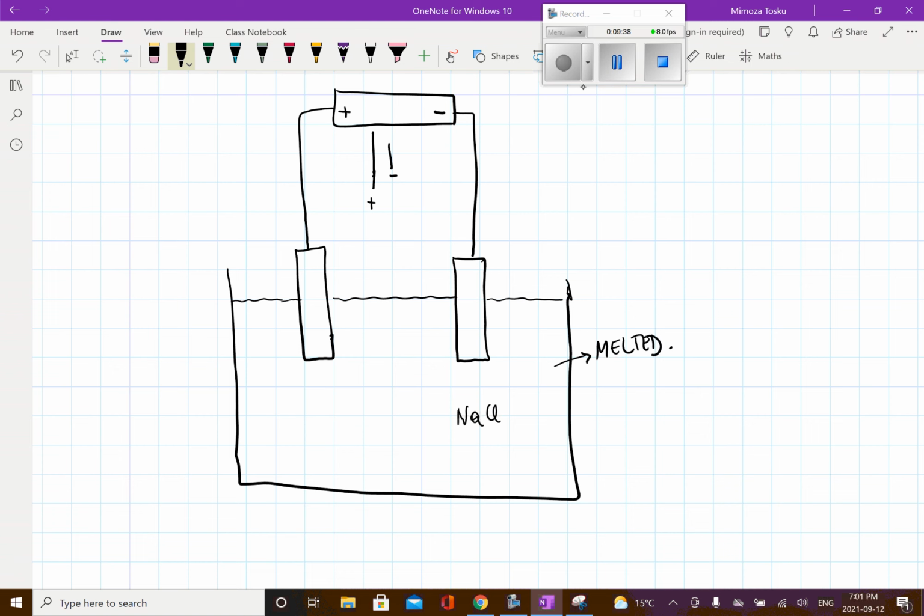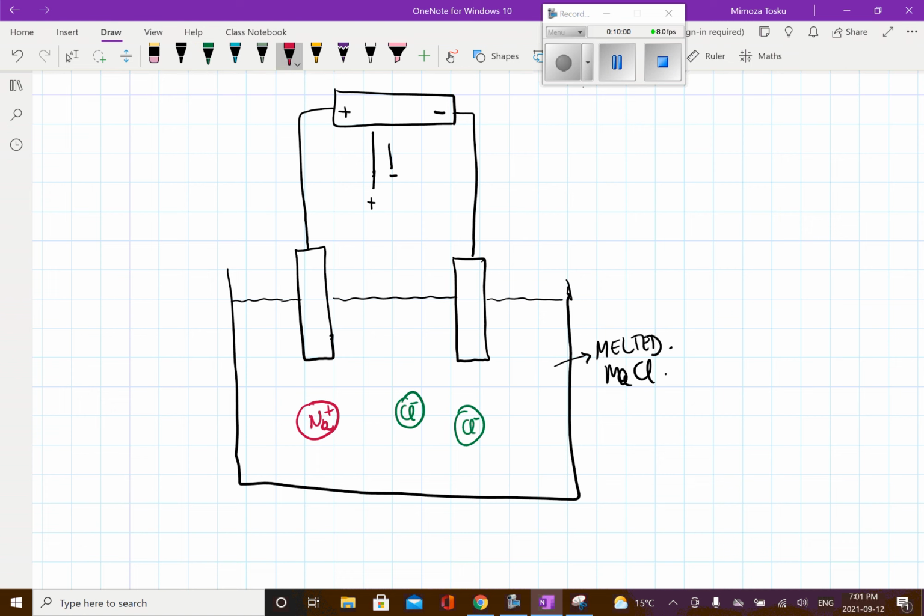And when NaCl is melted, what we see is Na plus and Cl minus.